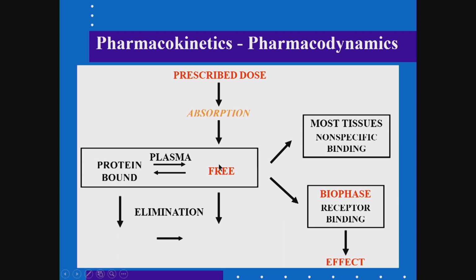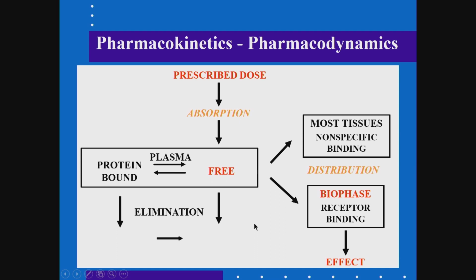The drug in plasma may circulate as the free drug, but also may bind to plasma proteins like albumin. And again, you have this reversible equilibrium between drug that is free in plasma and drug that is protein bound. The extent of protein binding varies tremendously depending on the drug in question.